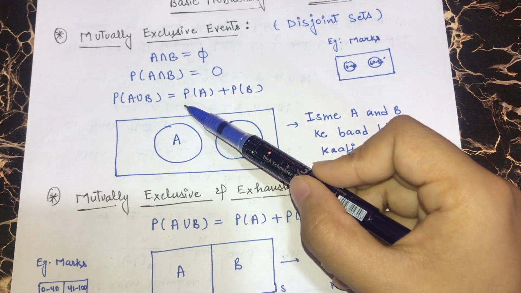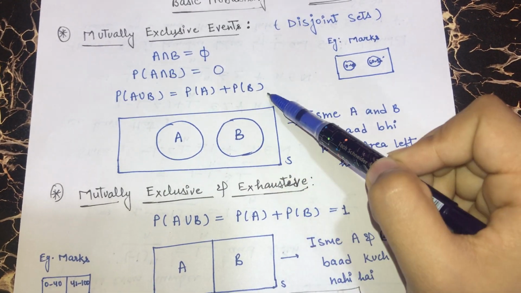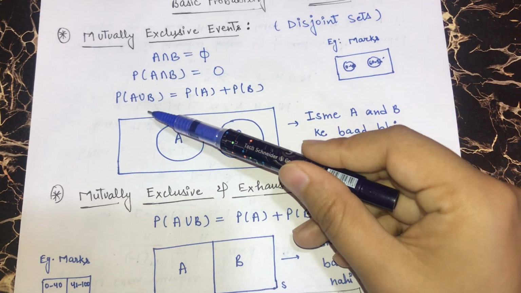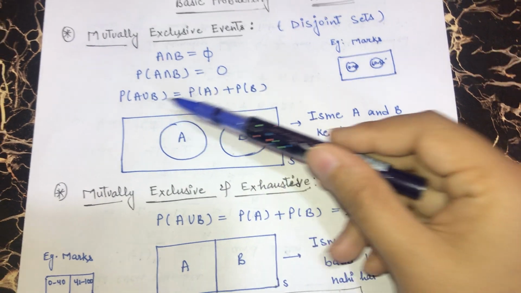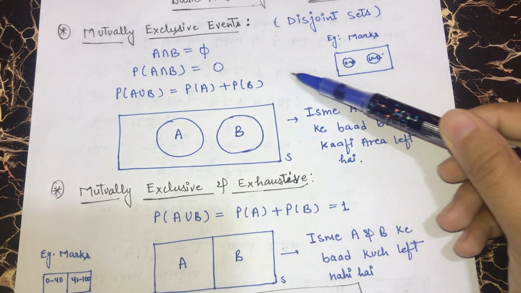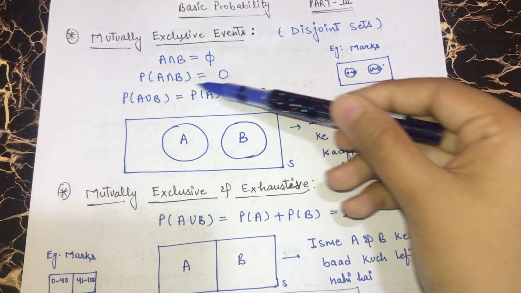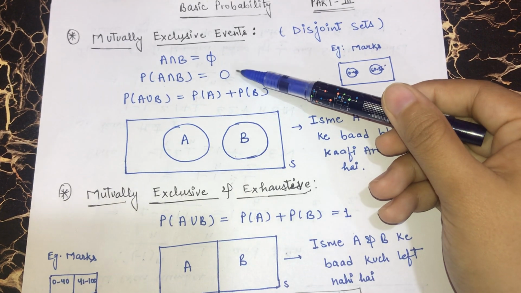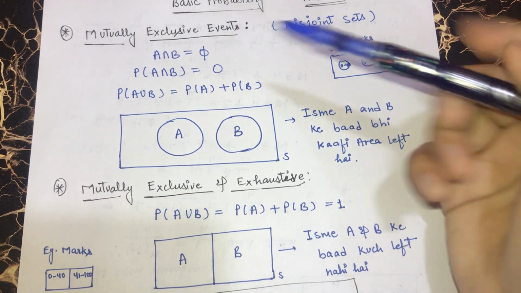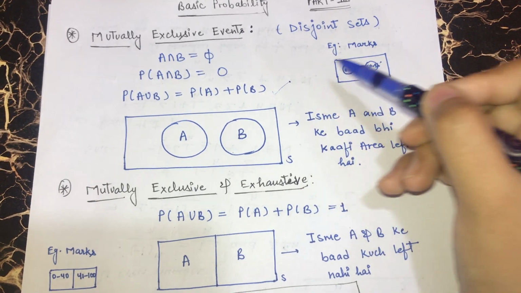Hence we can conclude that the formula of their union is probability of A plus probability of B minus probability of A intersection B, but here in this case the value of probability of A intersection B is 0, so the formula will be simplified by leaving out that term.